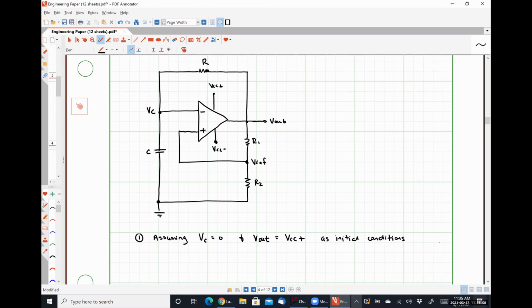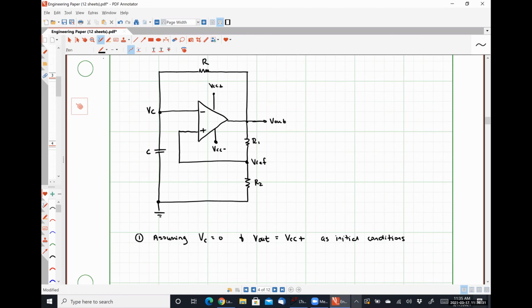So what it's going to do is it's going to wind up charging this capacitor C. So as current flows into the capacitor terminal, the voltage drop over the capacitor is going to get larger and larger and larger.